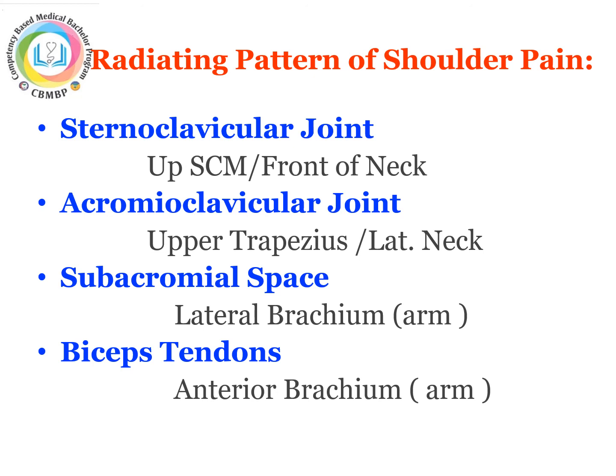The sternoclavicular joint may radiate to the front of the neck and the supraclavicular region. The acromioclavicular joint may radiate to the upper trapezius and the lateral neck. The subacromial space may radiate to the lateral brachium, and the biceps tendon, if there is a tear or inflammation, may radiate to the anterior aspect of the arm.